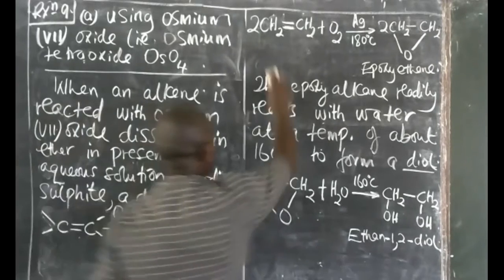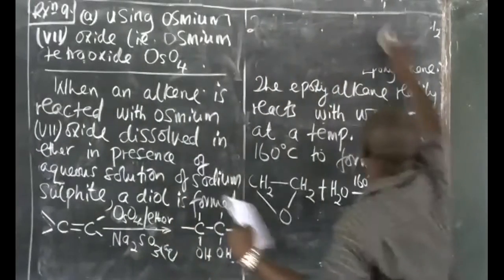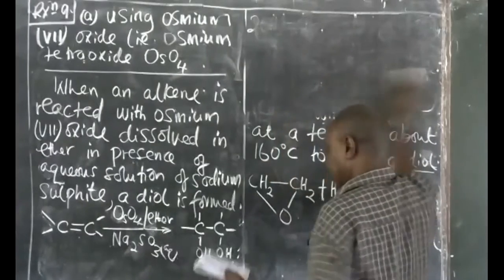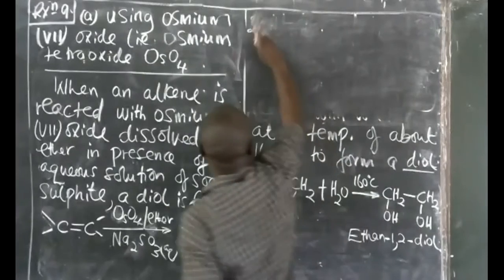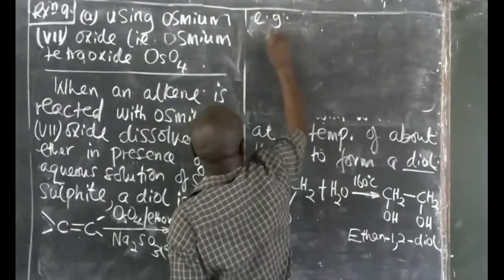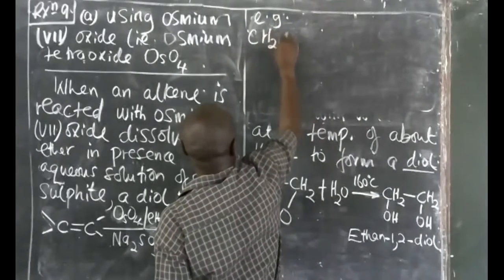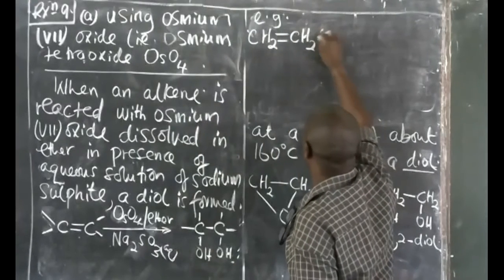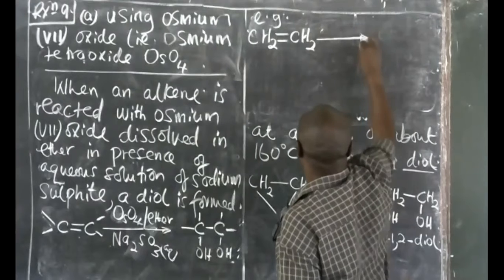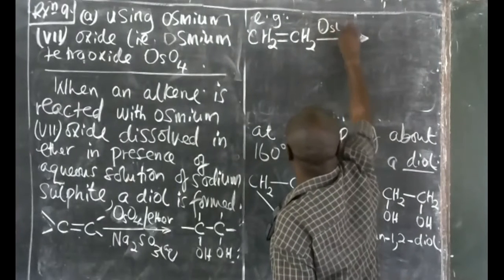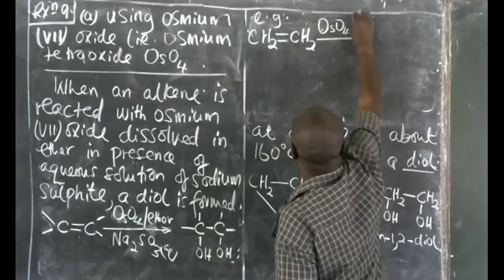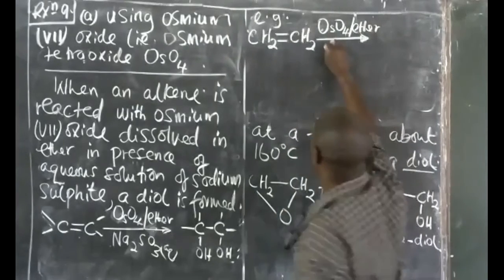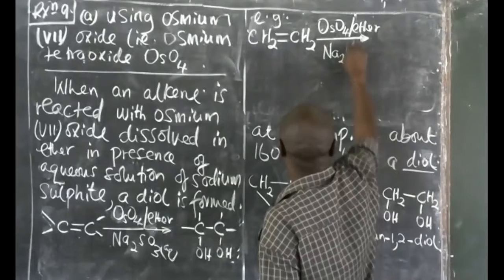Suppose we had ethene, CH2 double bond CH2, reacting with osmium 7 oxide in the presence of ether, and then aqueous sodium sulfide.